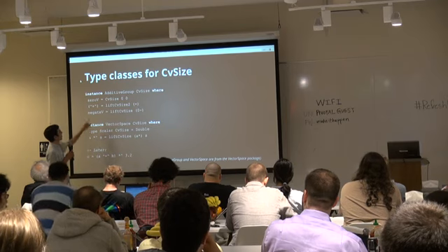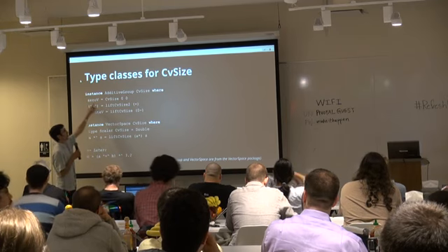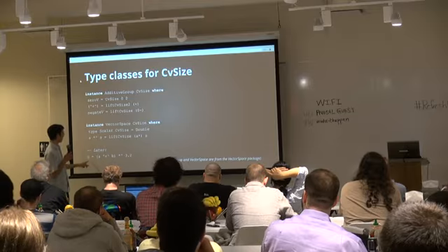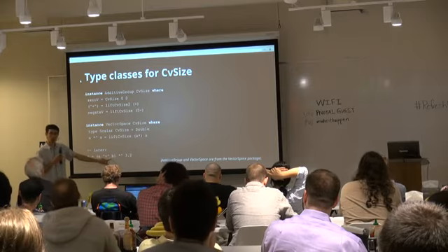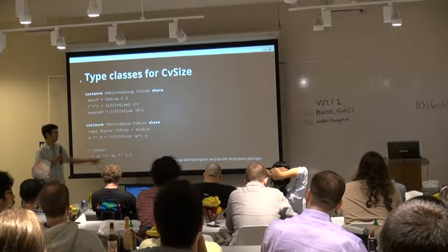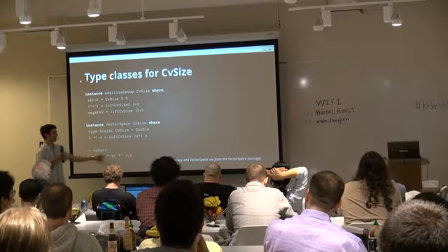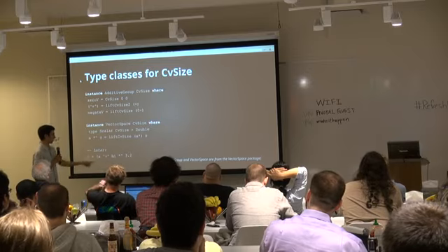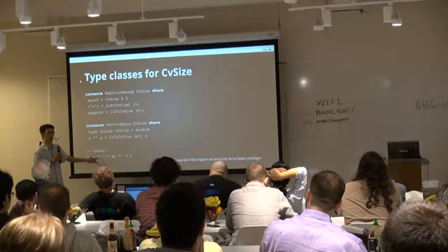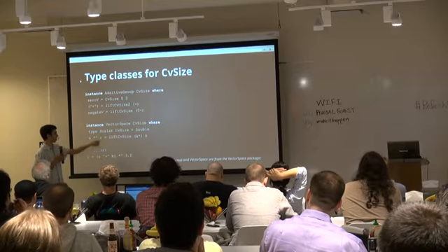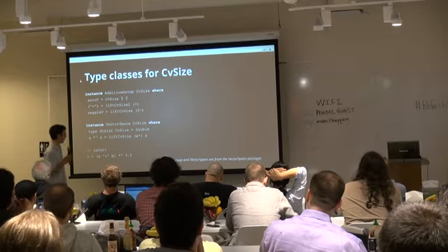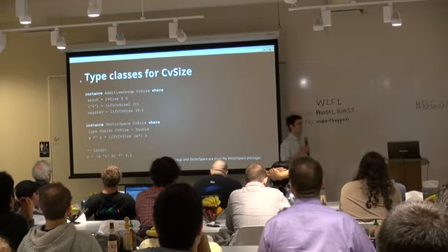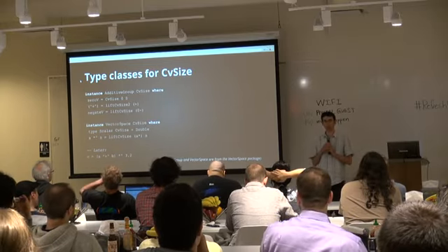So we can say that the zero vector of a CV size is a CV size of size 0, etc., etc., etc. And then when we're done, we can pass our CV size values into any function from any library that knows how to deal with vector spaces. And that's really cool because this is our C struct. And from C struct, we went to this really cool vector space with not so much work. I don't know of any language in which it's so easy to do this.